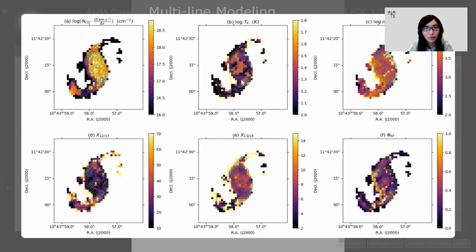Here we call them spiral arms, but note that they are not real spiral arms caused by density waves, but more like a gas inflow driven by the bars at the galaxy centers. Also, we find that the CO isotopic log abundances are pretty uniformly distributed in the central region of the galaxy. And we find that the derived values are very similar to the Milky Way values at the central 1 kiloparsec.